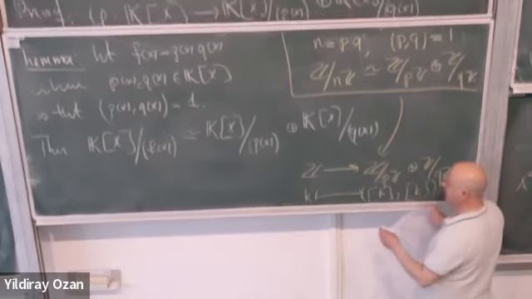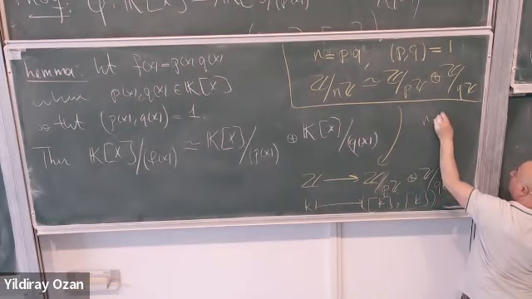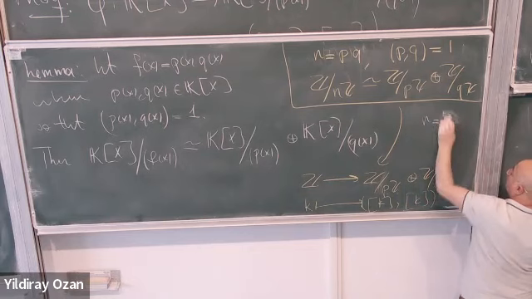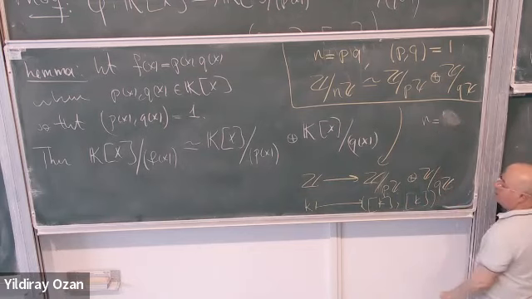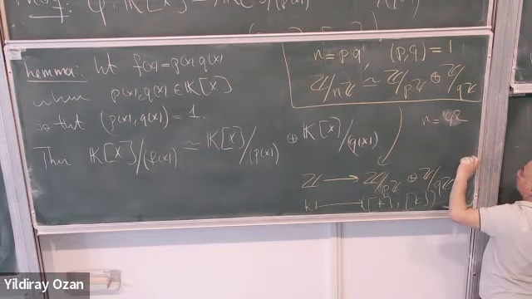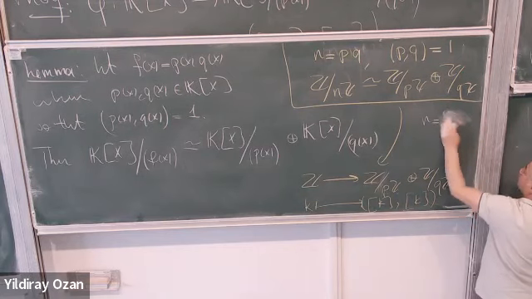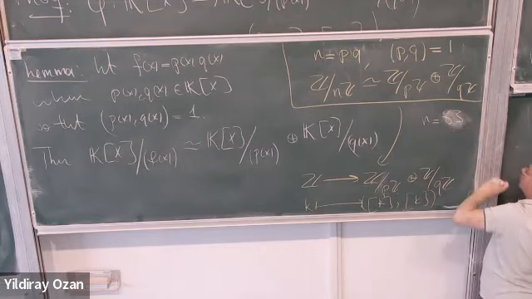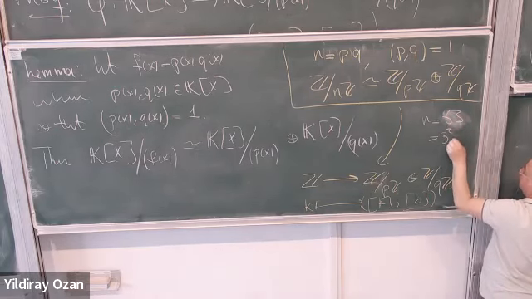Yani örnek vermek gerekirse diyelim ki 6 çarpı 9 çarpı 7, 63 olsun. 63 yani 3'ün karesi çarpı 7.